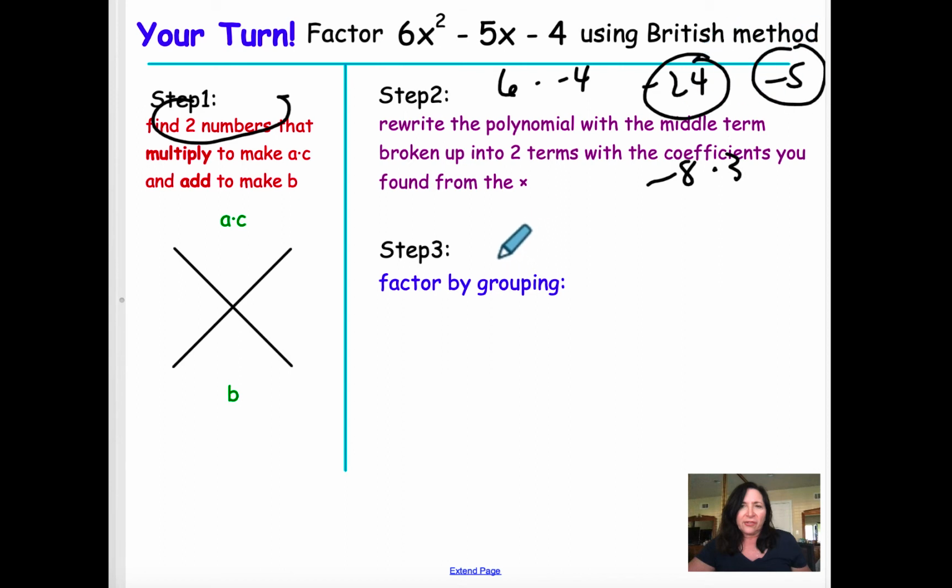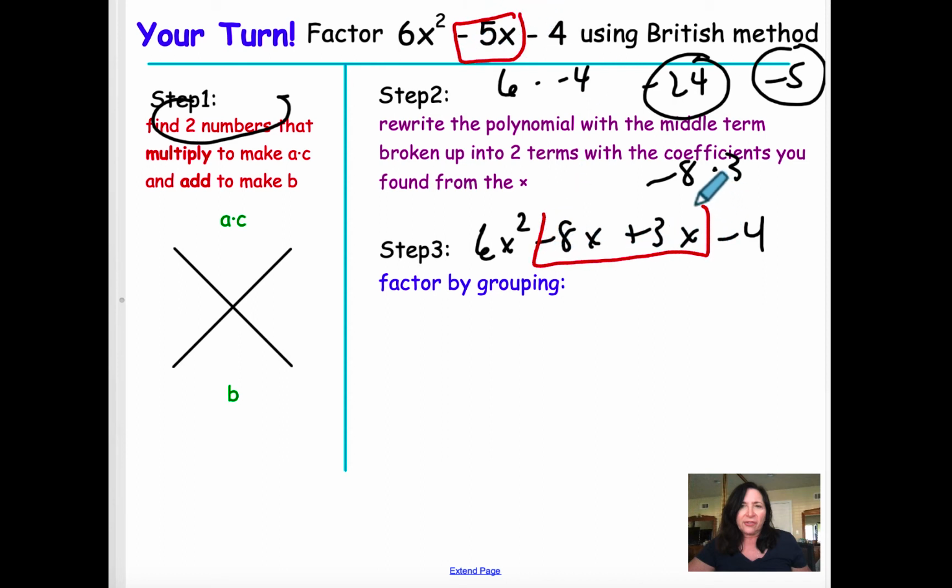So that's your thought process, right? So you set that up and you go, okay, so now I've got 6x squared minus 8x plus 3x minus 4. So again, basically you're taking this negative 5 here and you're replacing it with this.